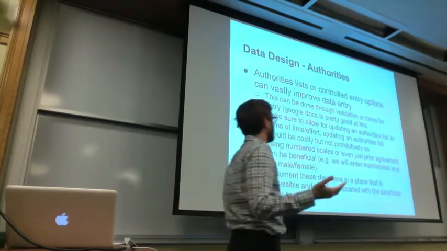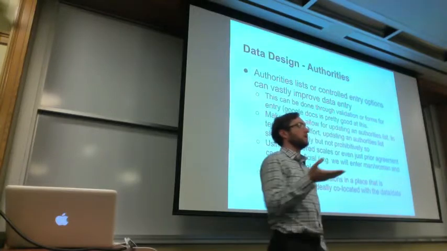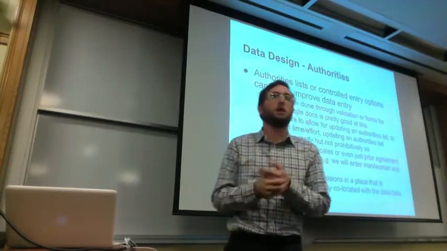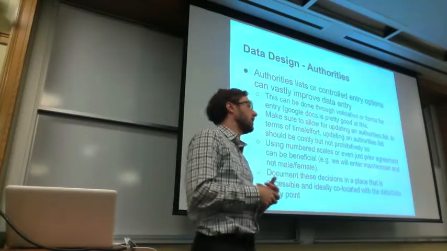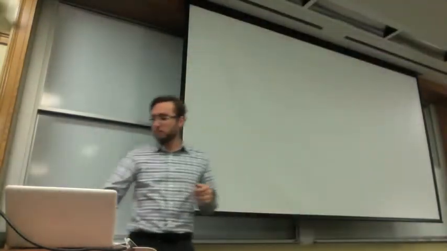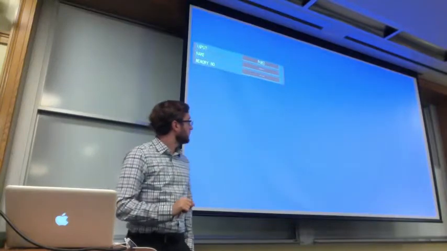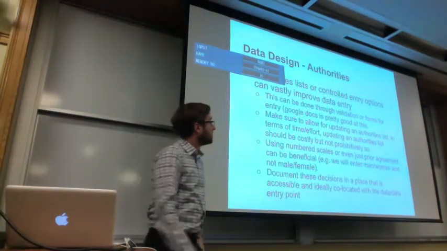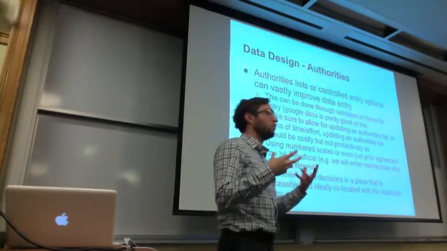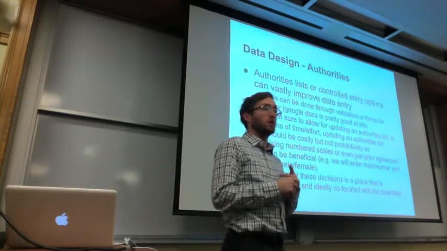So by doing that, instead of having an open list of potential issues or something like that, it is much easier to have something that you can run computations on, that you can do analysis.